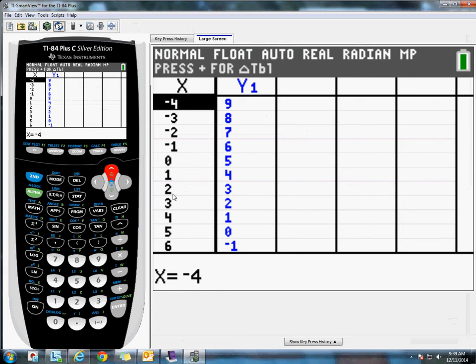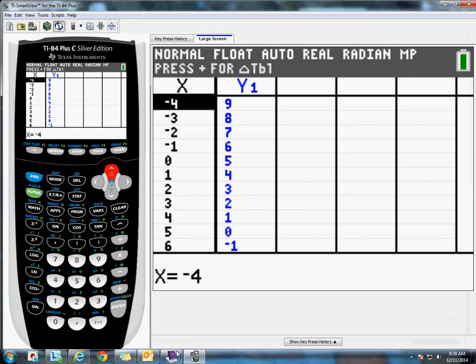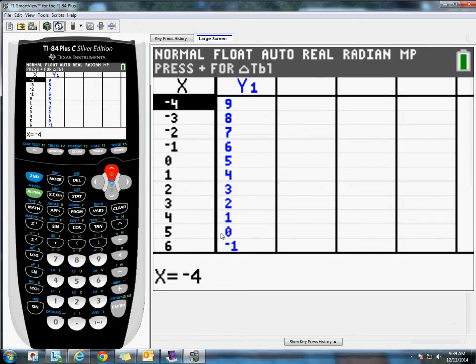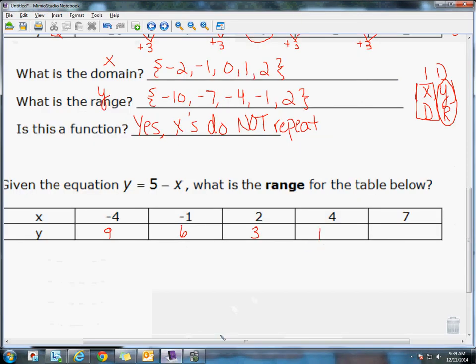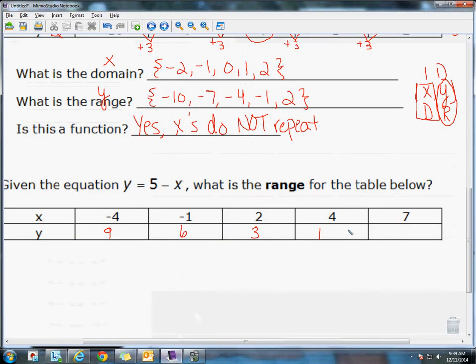X was -1, y is 6. X is 2, y is 3. When x is 4, my y is 1. And then when x is 7, my y is -2.